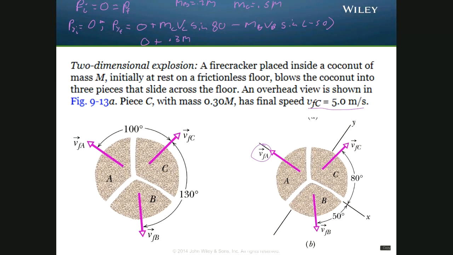So we have 0.3 M, and we have here for VC 5, right, times sine of 80 minus 0.2 times the speed we're looking for, sine of minus 50.